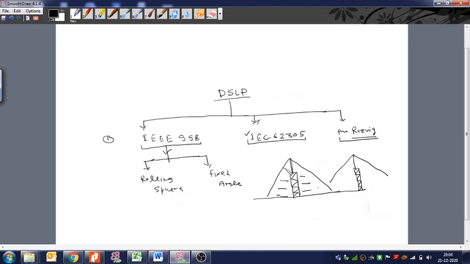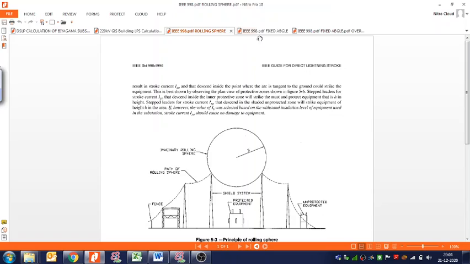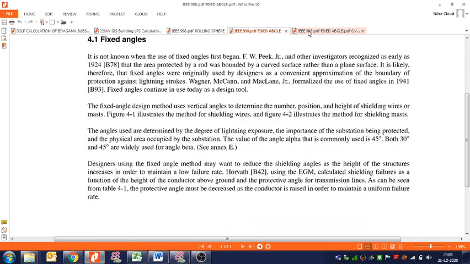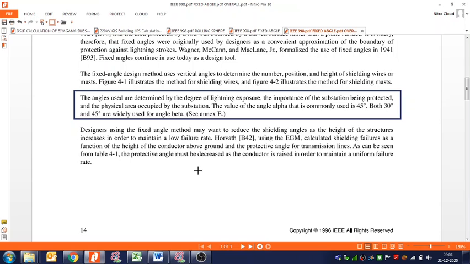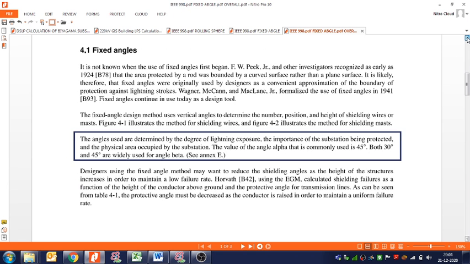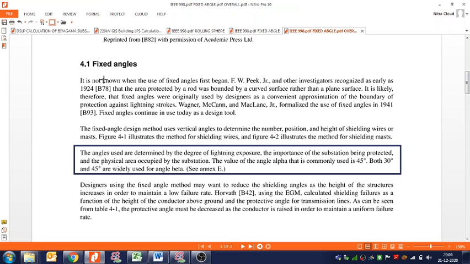So what is this angle of protection? Let us see what the IEEE recommendations are. I have taken this particular page from the IEEE fixed angle method. The angles used are determined by the degree of lightning exposure, the importance of the substation being protected, and the physical area occupied by the substation.